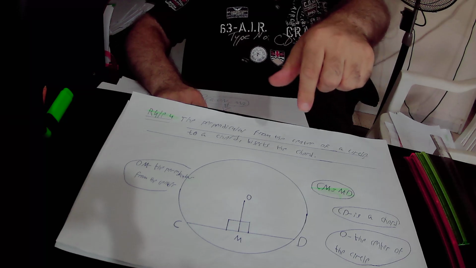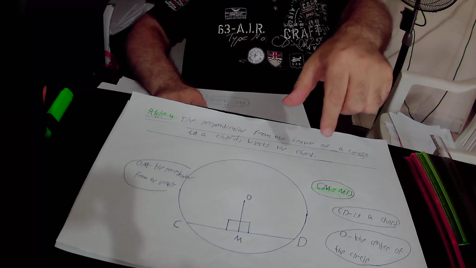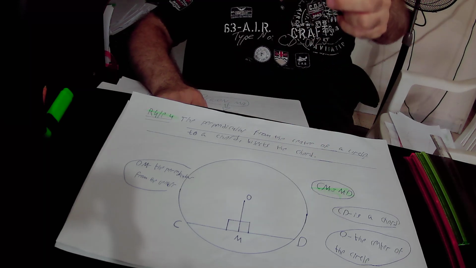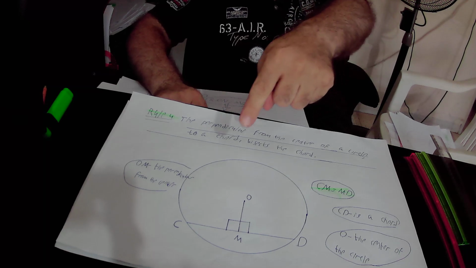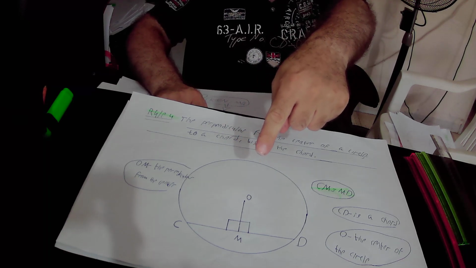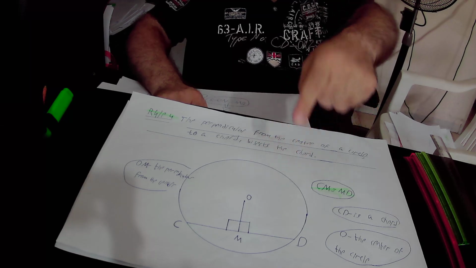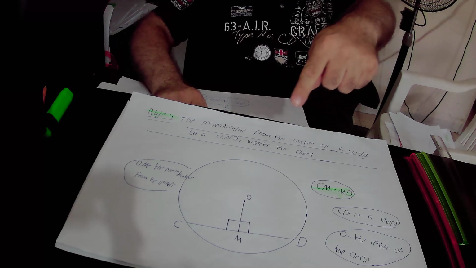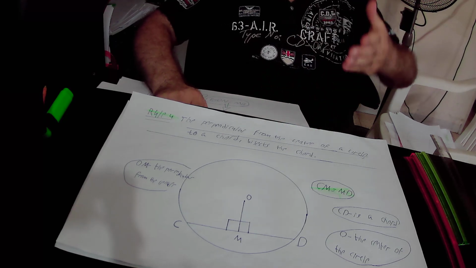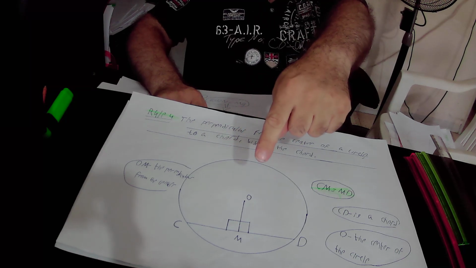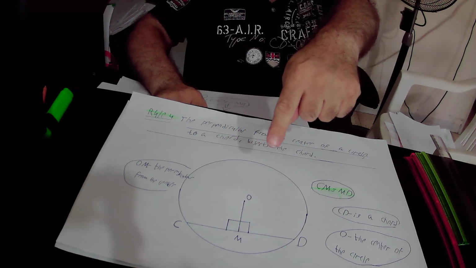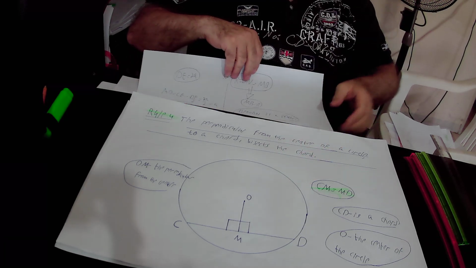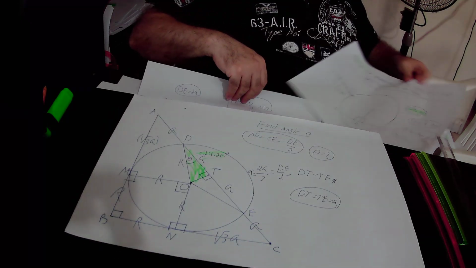That is to say, CM will be equal to MD, and it divides the chord into two halves. Or we can also say that CM equals MD equals CD over 2, because CM is half of CD and MD is also half of CD. So we can implement rule number 4 in our drawing.